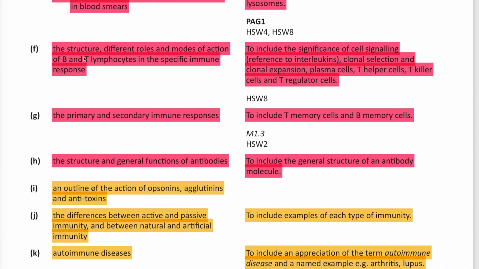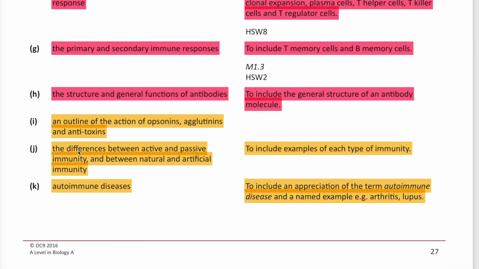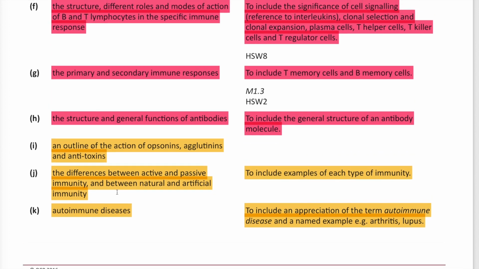So point F, understanding the roles of lymphocytes in the specific immune response, allows you to discriminate between active and passive immunity and what natural and artificial immunity is. Finally, if you understand what an immune response is, then it allows you to understand what autoimmune diseases are. Can you see how I, J, and K don't stand on their own?